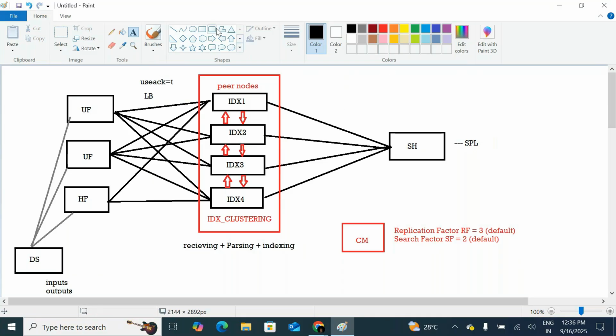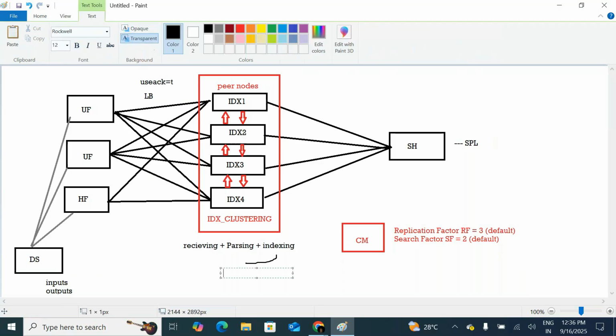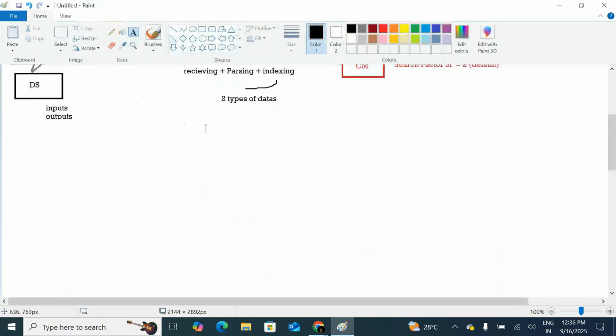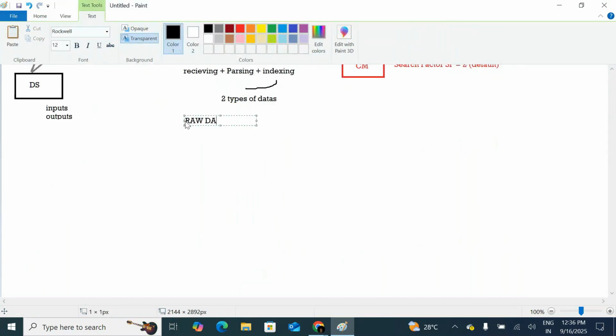While Splunk is storing the data, Splunk stores two types of data. One is raw data, and the other is metadata, also called TSIDX data or index data.